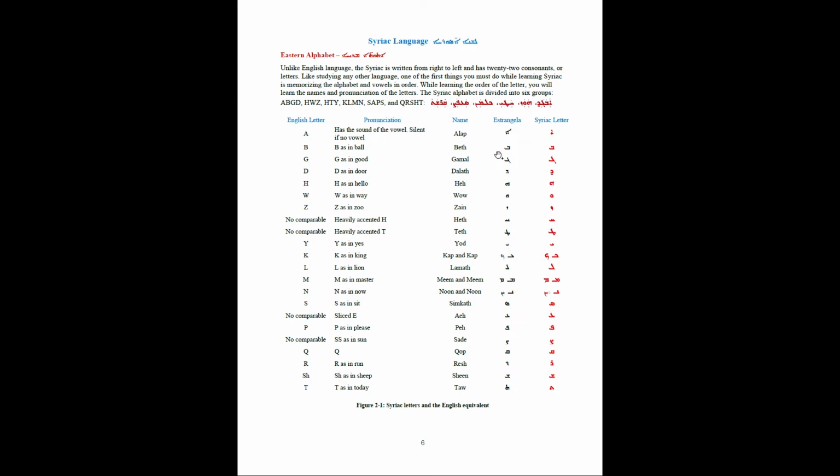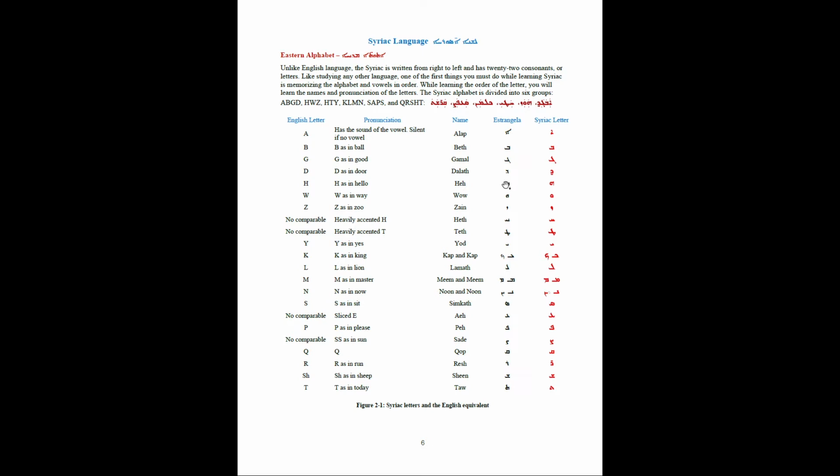Beth is a B. Gamal, G. Daleth, D. As you see here, Daleth also has a special form in Estrangelo, while Beth and Gamal are the same. From this, we learn that not every letter has a different shape in Estrangelo, and that's what we're going to cover on the next page.